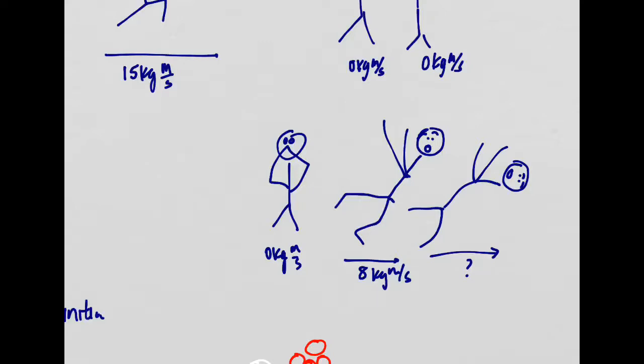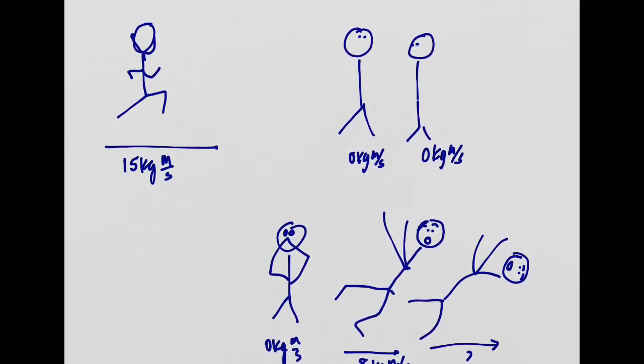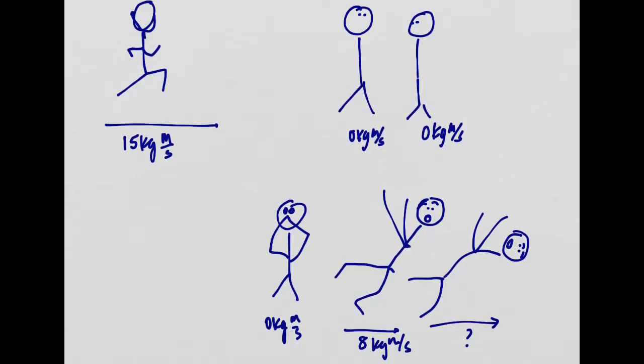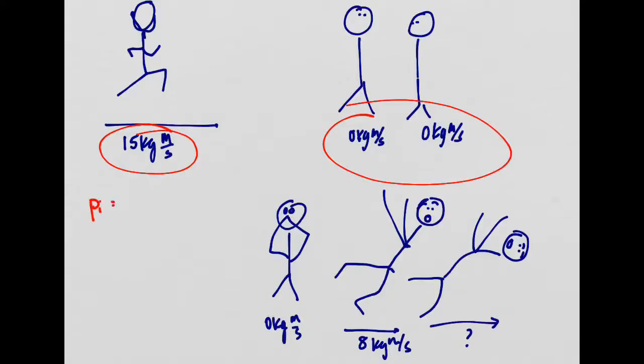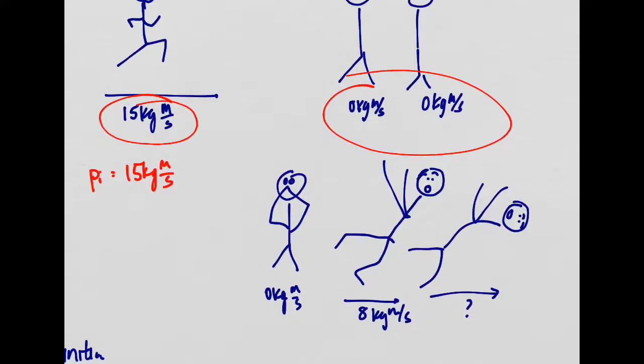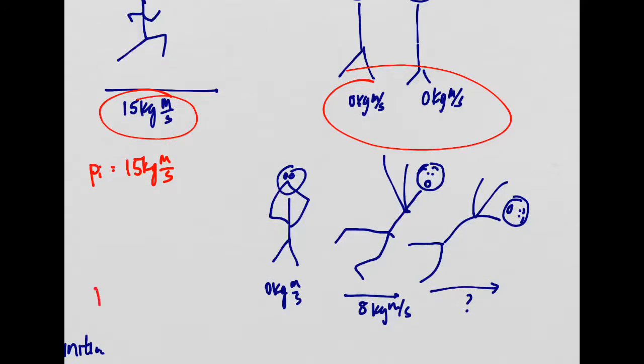Well, we know that initial momentum must be equal to final momentum, right? So, if the initial momentum was 15 plus 0 plus 0, that was our initial momentum. So what must our final momentum be? Well, because of the law of conservation of momentum, we know that momentum can't be created and it can't be destroyed.